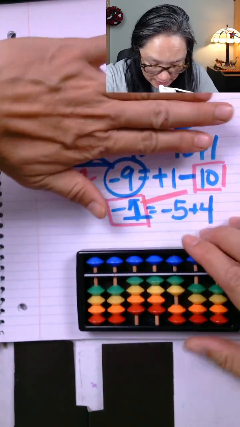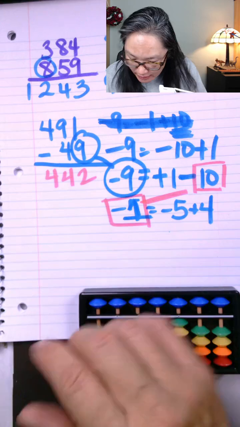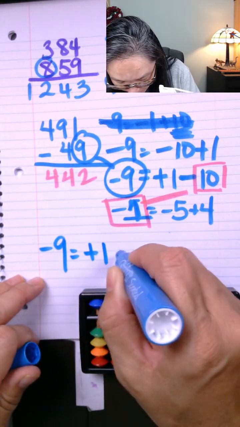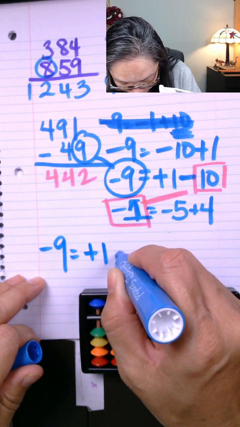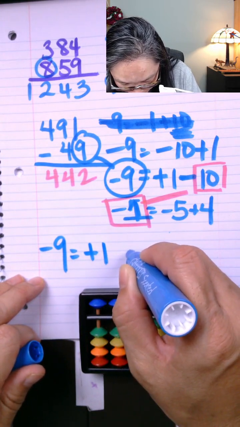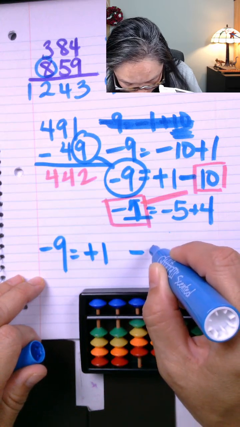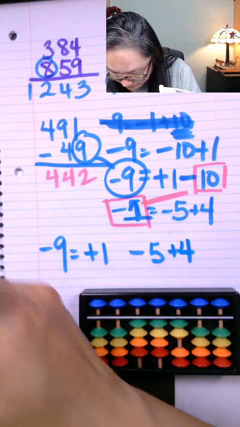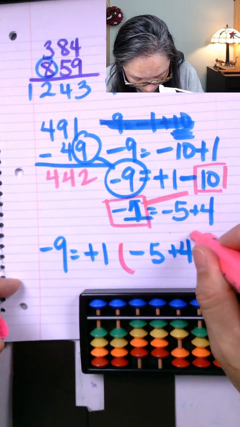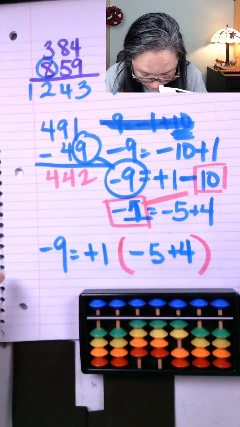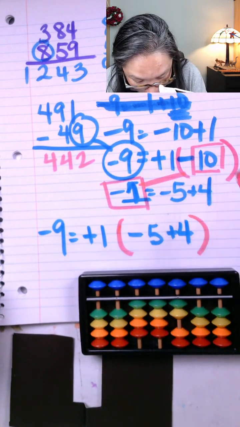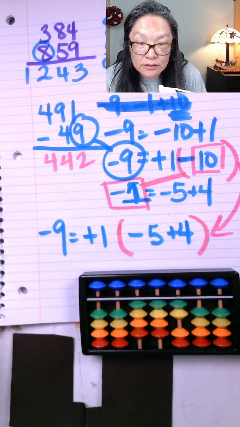See, this is connected. So when we're looking, it would be minus 9 is equal to plus 1 minus 5 plus 4. That's what we did. So this becomes that.